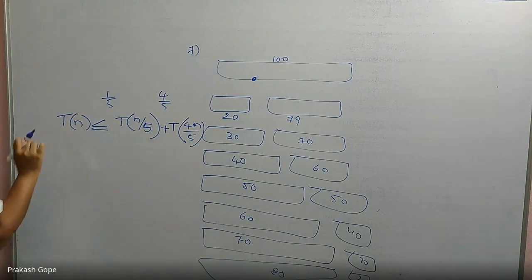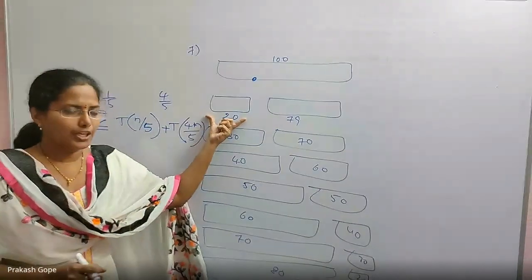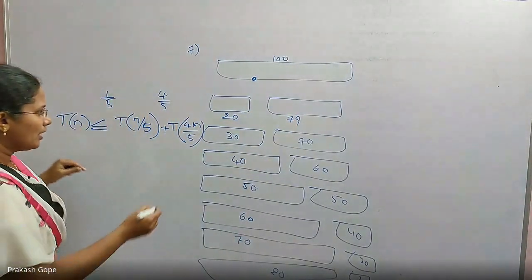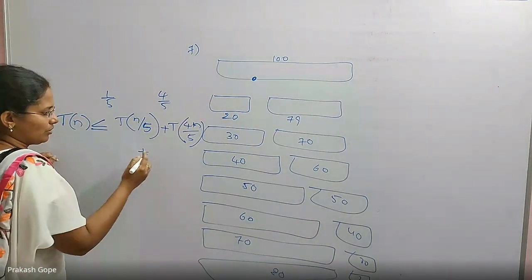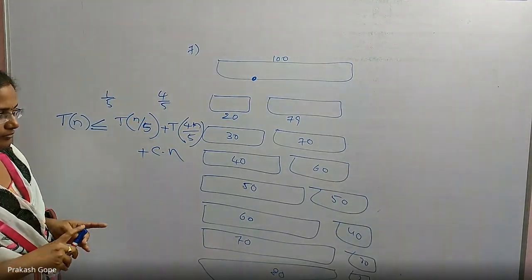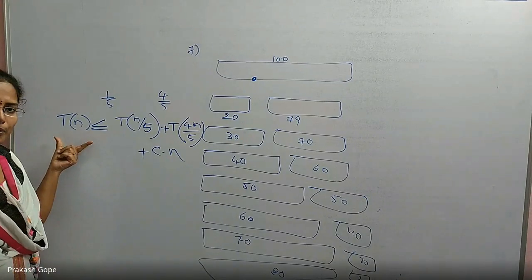Of course, the pivot going to that place obviously takes n time. So this is the total number of comparisons or time complexity.